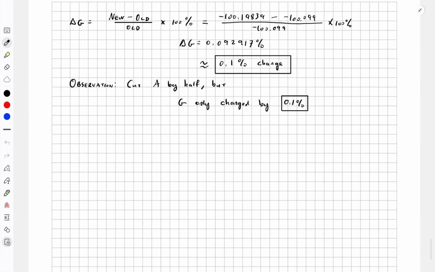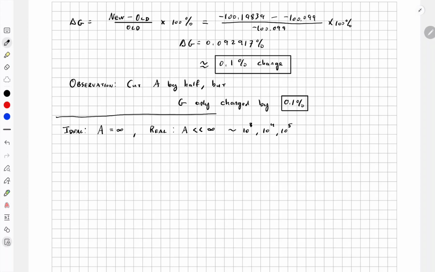So just to summarize, in the ideal op-amp, the open loop gain is infinity, but in the real op-amp, the open loop gain is less than infinity, and we can expect it to be maybe 10 to the third or 10 to the fourth or 10 to the fifth. These are real op-amp open loop gain values.